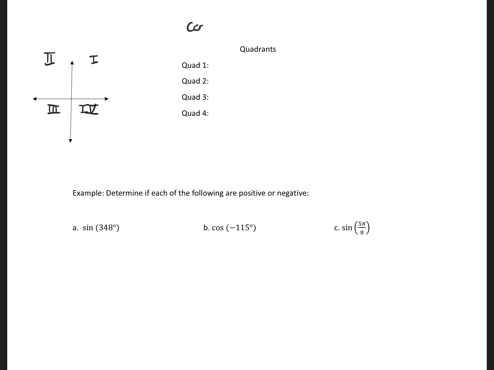We know cosine of an angle equals the x coordinate, and sine of an angle equals the y coordinate. So in quadrant 1, x is positive and y is positive. So in quadrant 1, cosine is positive and sine is positive.